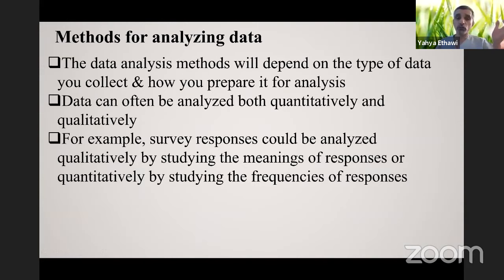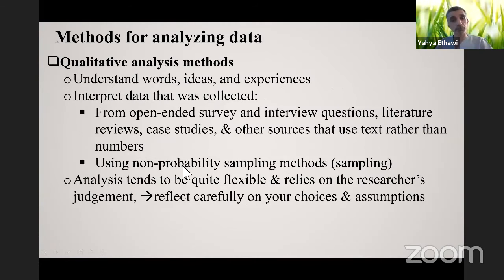So now we'll go to the methods of analyzing the data. And again, we've talked about it many times, it depends on whether it is qualitative or quantitative, primary or secondary, and so on. In a qualitative analysis, there is no test. So either you ask an open-ended survey and use a non-probability sampling method to analyze your data when you do qualitative analysis.